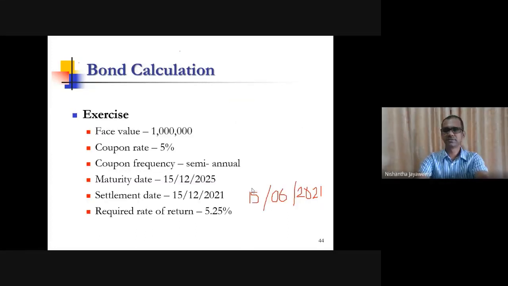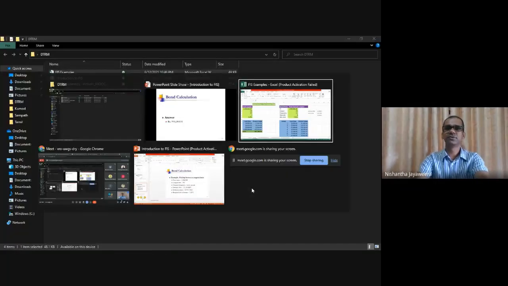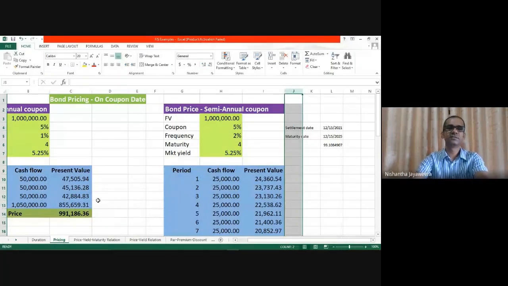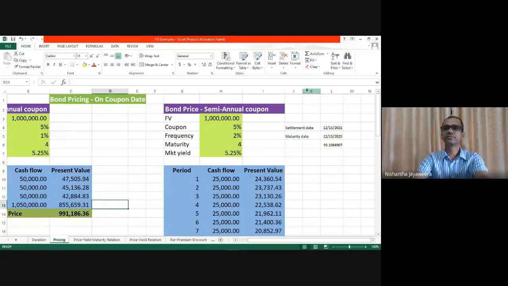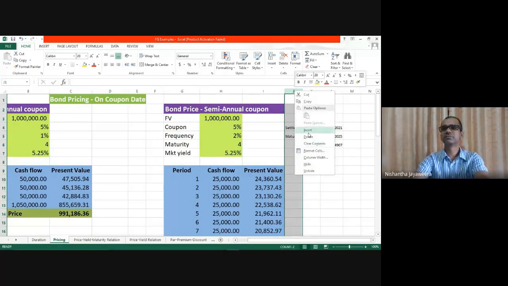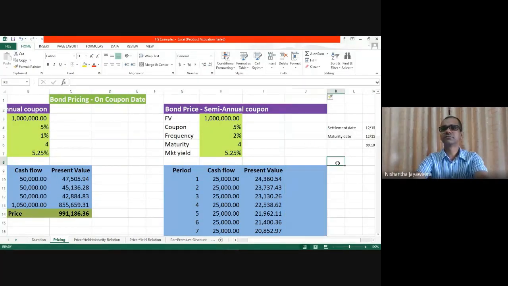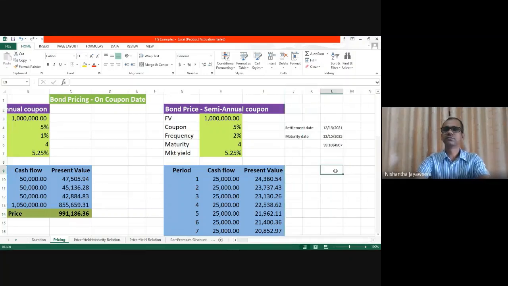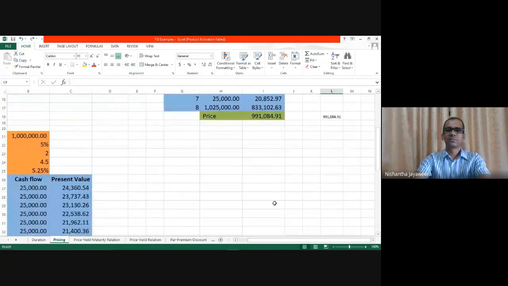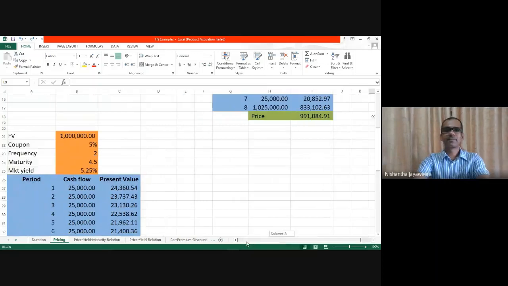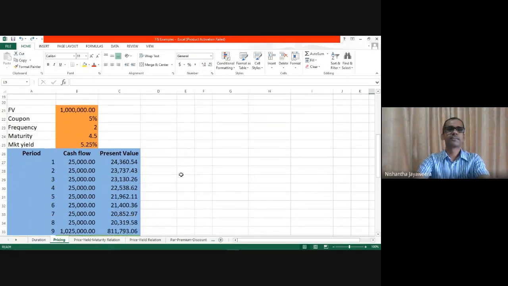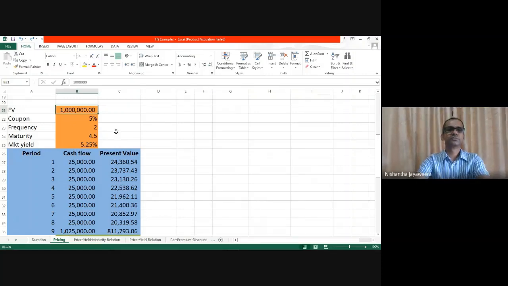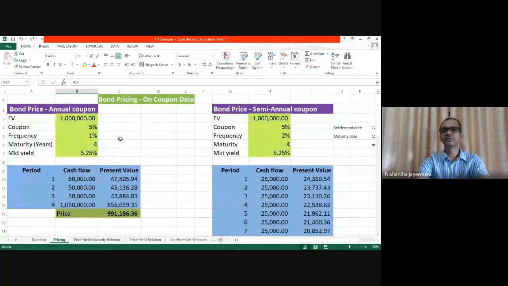That's the difference. So if you do it in Excel, this is the one with 4.5.